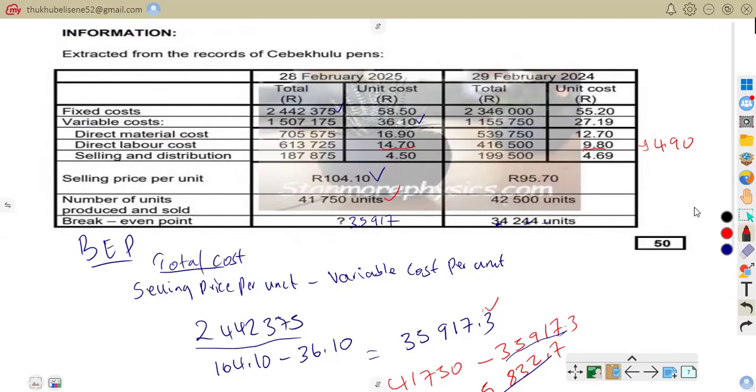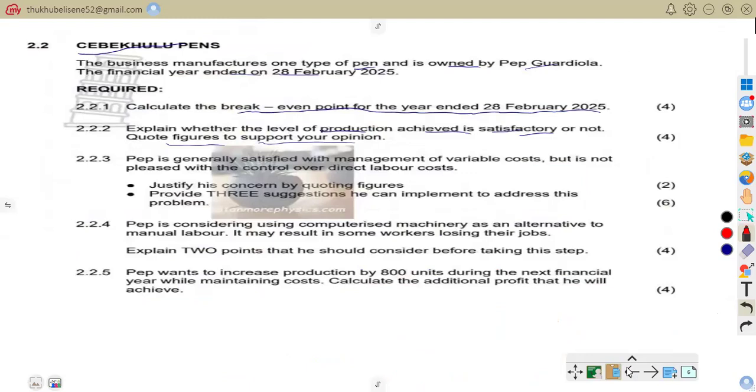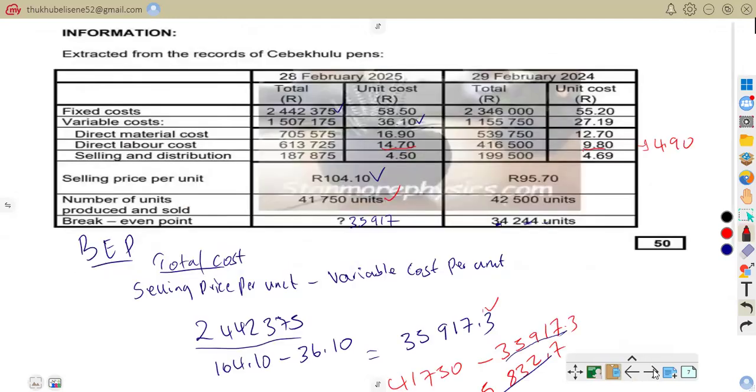So this is how we are going to answer it. The question wanted us to know whether the level of production achieved is satisfactory or not. So that is why we have said PEP is satisfied with the management of variable cost, but is not pleased with the control over direct labor cost.